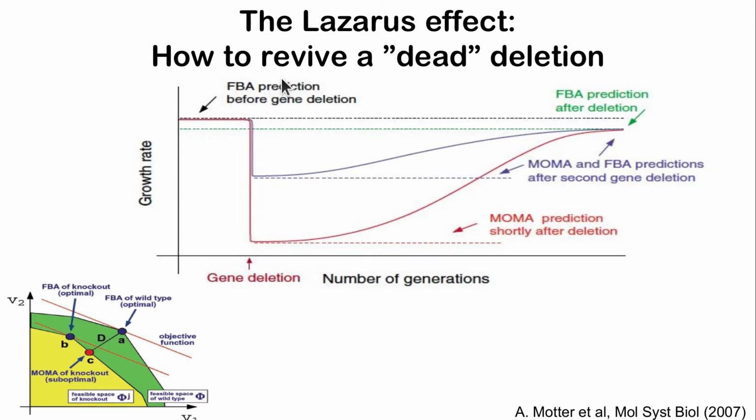When we talked about MoMA a couple of weeks ago, we introduced it because it's more realistic in depicting the behavior of a cell immediately after perturbation. For FBA, the assumption of optimal growth is quite valid given time because of selectionary pressure, but when you have an abrupt change either in your organism or in its environment, it is not necessarily going to perform ideally right away.